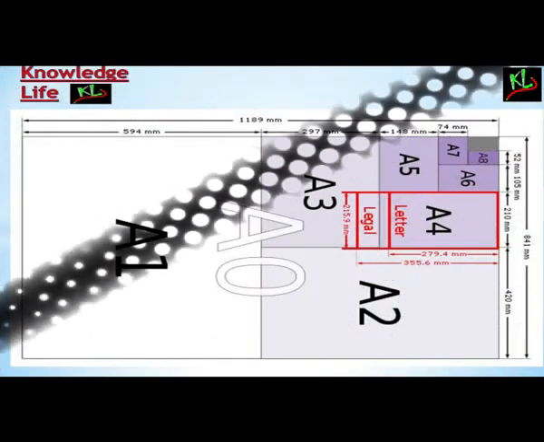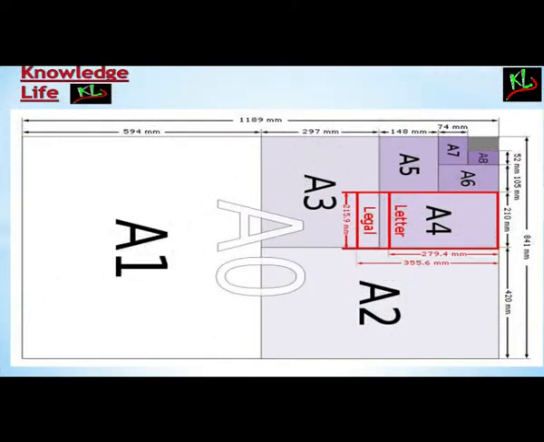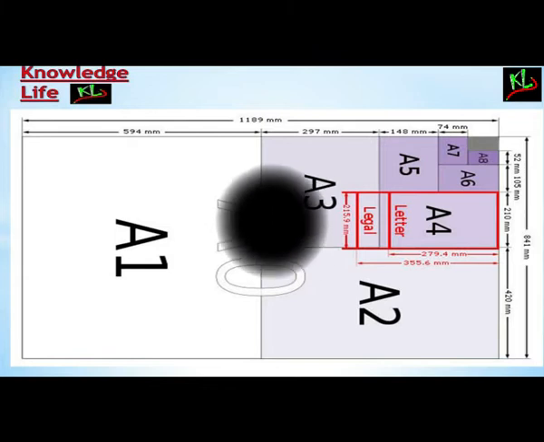So the width of A0 will be the length of A1, and half the length of A0 will be the width of A1. To avoid fractional values, we will ignore 0.5. So we get the dimension of A1 as 841 by 594. Like this, you can get the sizes from one into another.